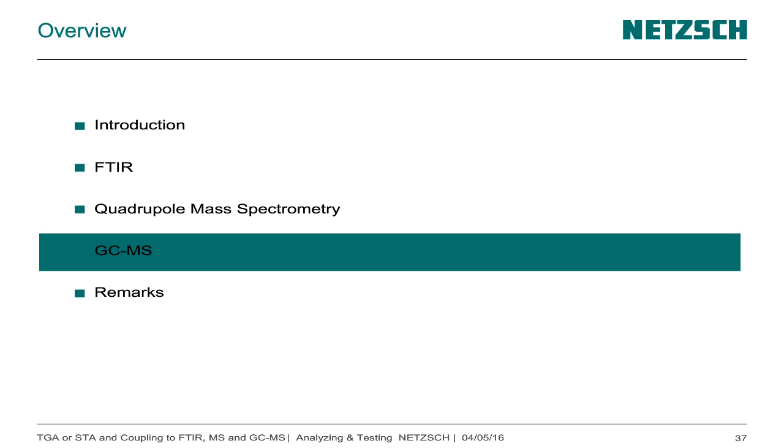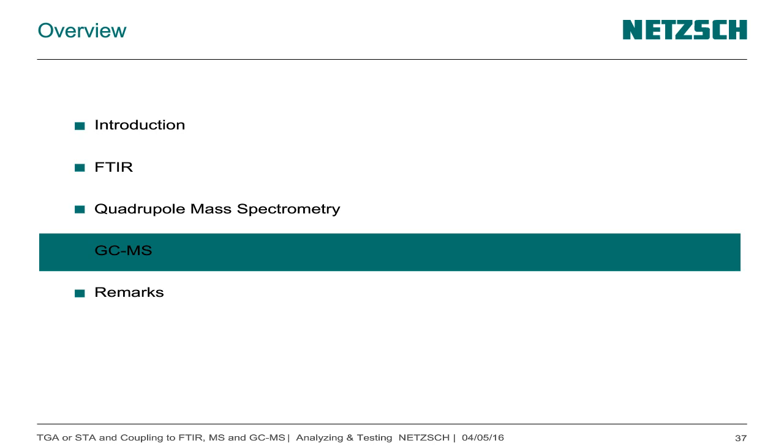I was in an inorganic chair, so this was only a hobby for me, but I got some samples from colleagues, and with the polymers I didn't have the good knowledge of what could happen and how to interpret my MS spectra. Then I decided to build my own GCMS coupling because I did not have the money. Otherwise I would have bought a good instrument, but in 2005 there was no commercial instrument available.